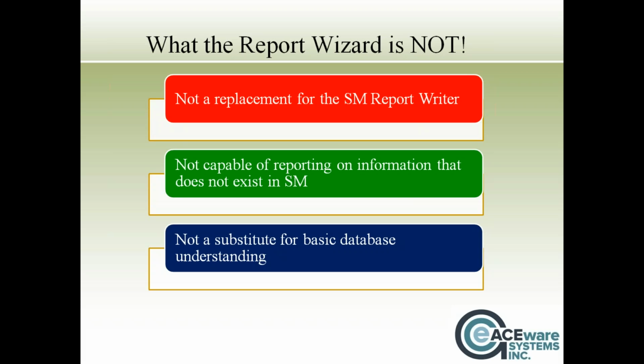Also, the last item: you still need to realize we're working with a relational database here, and no matter what with reporting, you've got to know the basics of what the database is doing. I think the report wizard does a better job of showing you where those pieces are.